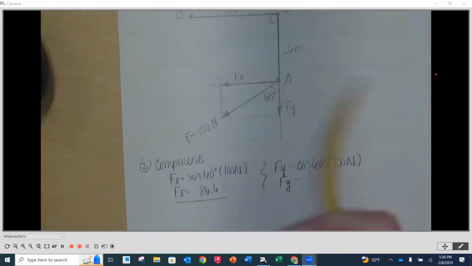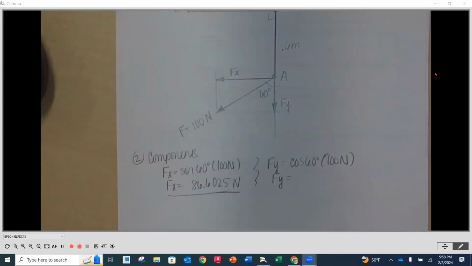I should hold a couple more. 6.025. I think 3-4 decimal places is reasonable.